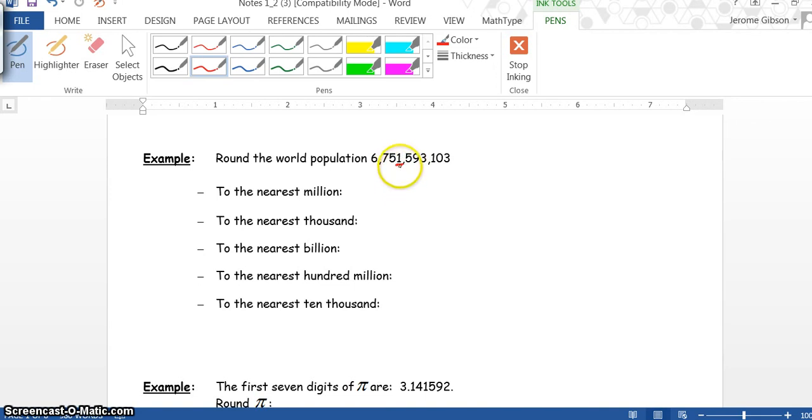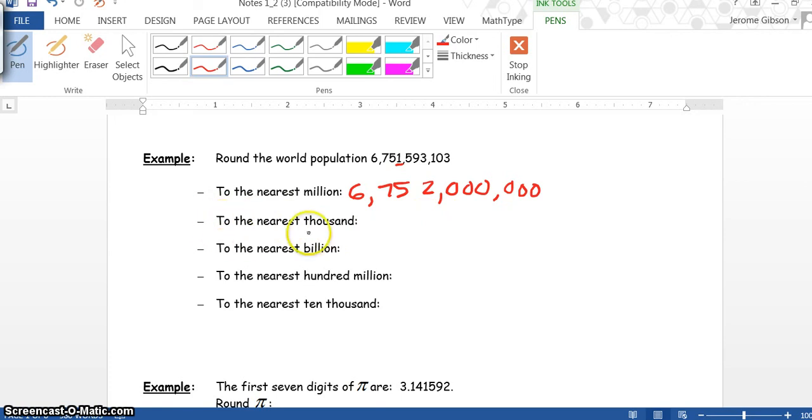So what we would need to do is go to the right of this 1 to the digit right next to it, which is 5. And according to the earlier definition, since this is 5, that means we would add 1 to this 1, and all 6 of these digits behind this number here will become 0. So this would be 6,752,000,000, and then all the rest are zeros.